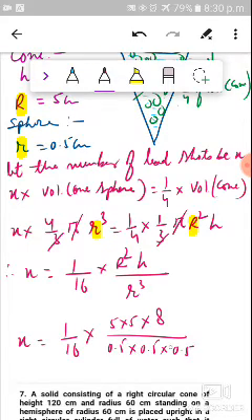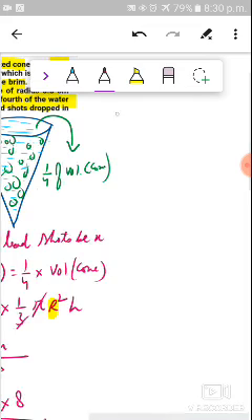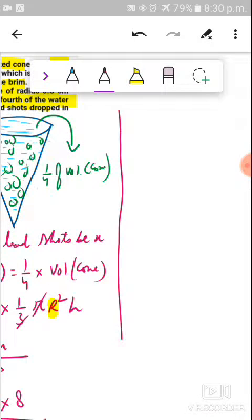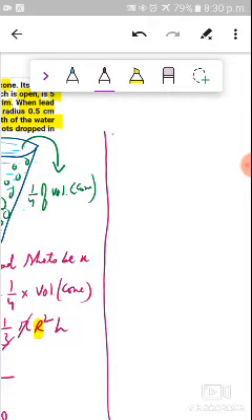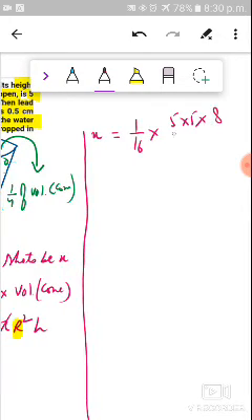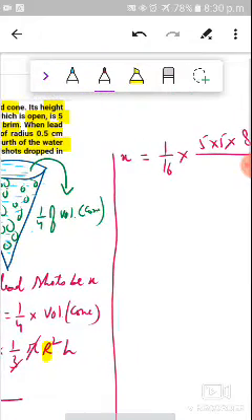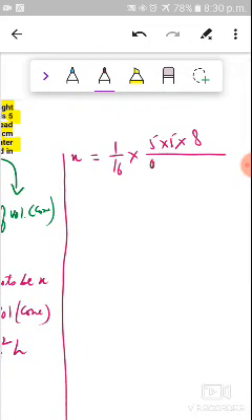Okay, solving it further, so x, that is number of lead shots, will be equal to 1 by 16 multiply 5 into 5 into 8 by, it was 0.5 into 0.5 into 0.5, so we'll remove the decimal and we'll write 5 multiply 5 multiply 5, and we'll put here 1000.